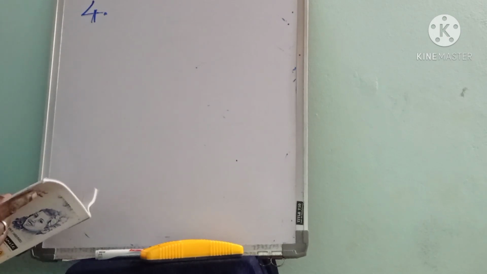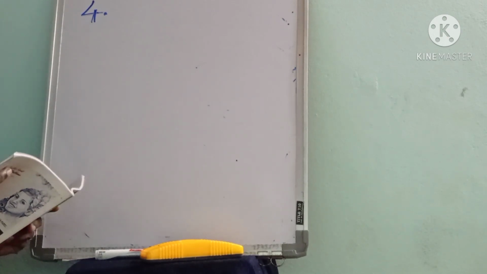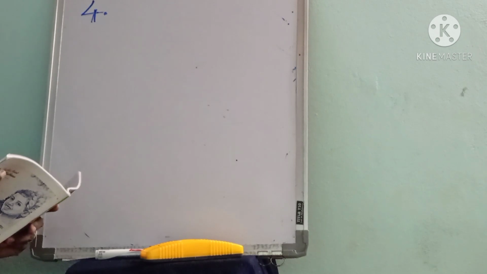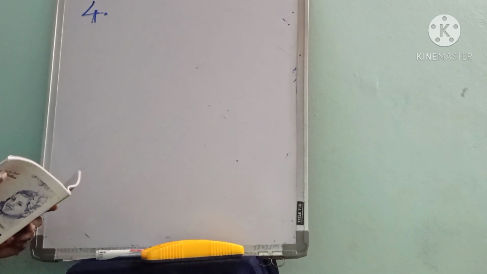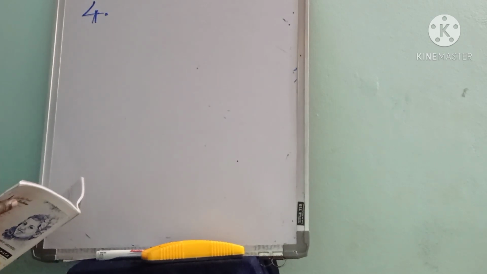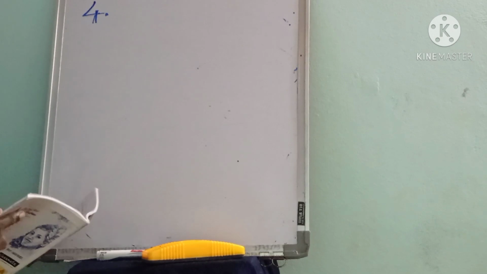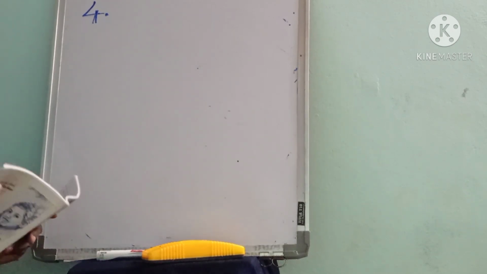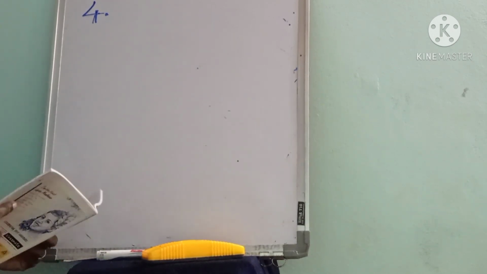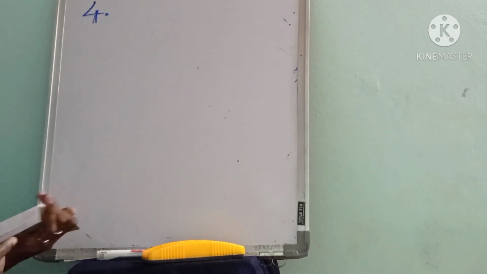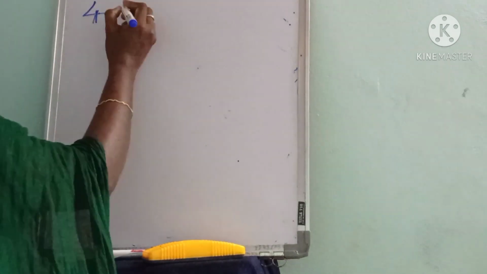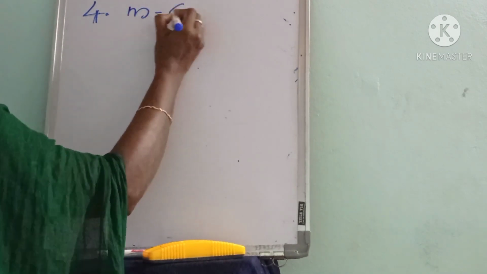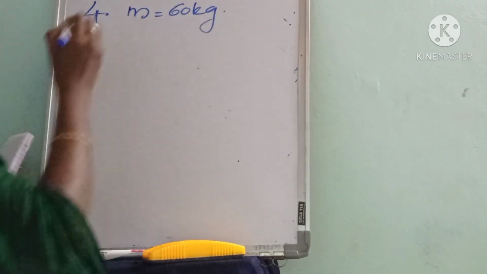Next, the fourth question is, a man of mass 60 kg is running on a road. He accelerates himself uniformly from 5 meter per second to 8 meter per second in 6 seconds. Calculate his initial momentum, then final momentum, then force applied to accelerate himself. So the mass of the man is given as m equal to 60 kg.